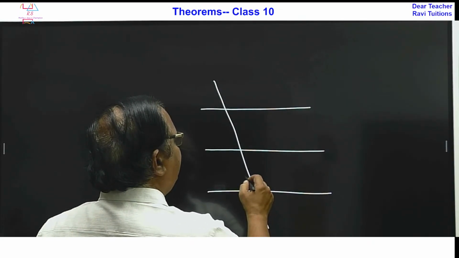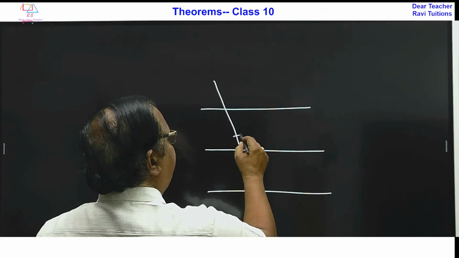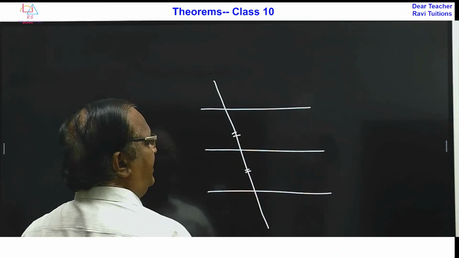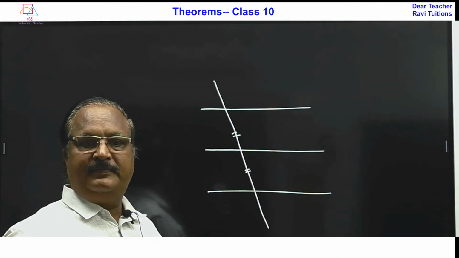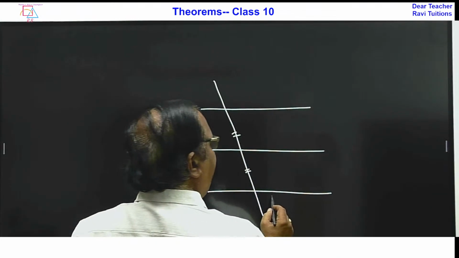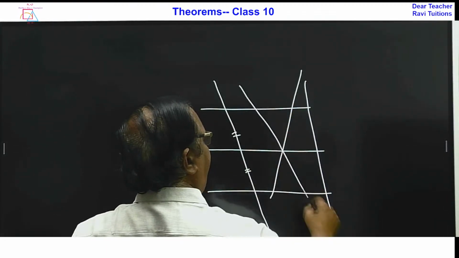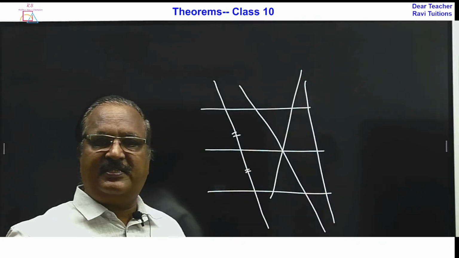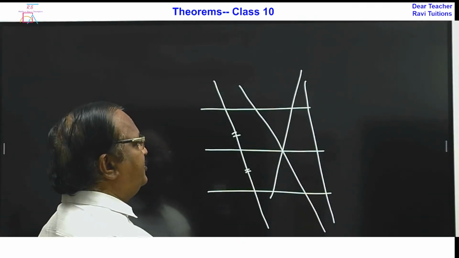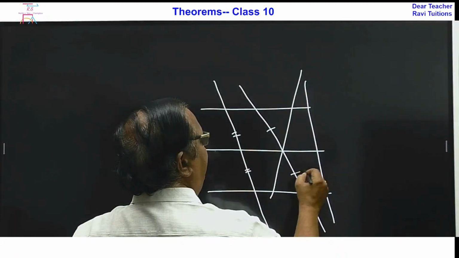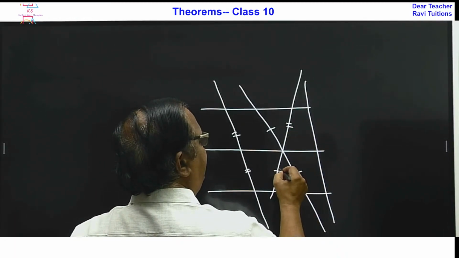If a transversal got equal intercepts, that means these two parts are equal. Then if you draw any other transversal, even on those transversal also these parts are equal.